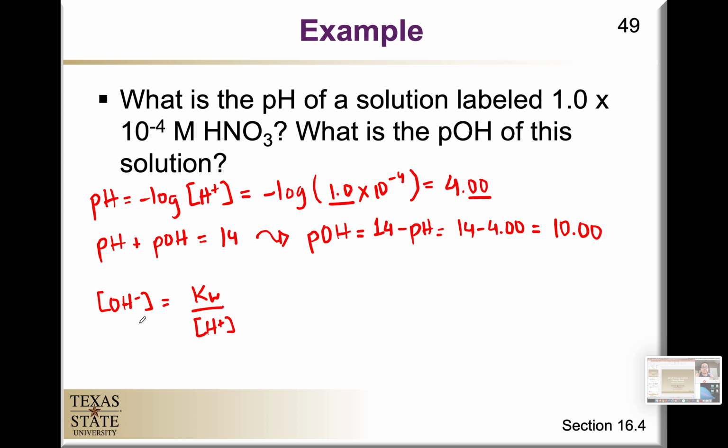Once you had your hydroxide ion concentration, then you could find the pOH by taking the negative log of the hydroxide ion concentration. I encourage you guys to try this other method and see if you get the same answer, right? So method number 1 is here, and we got to our answer. Method number 2 is right here.